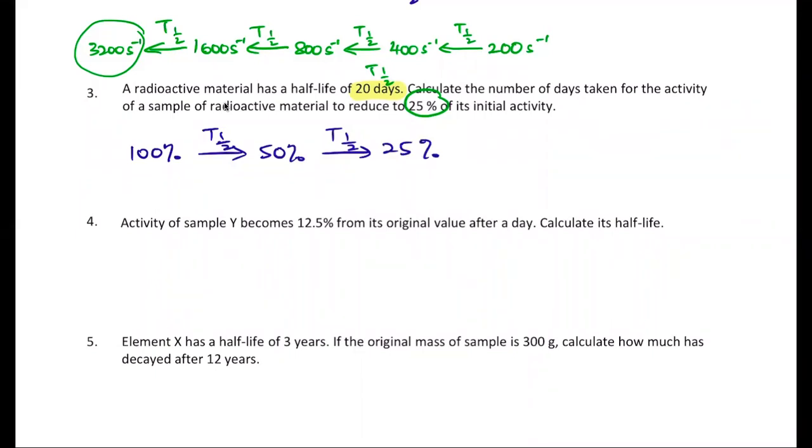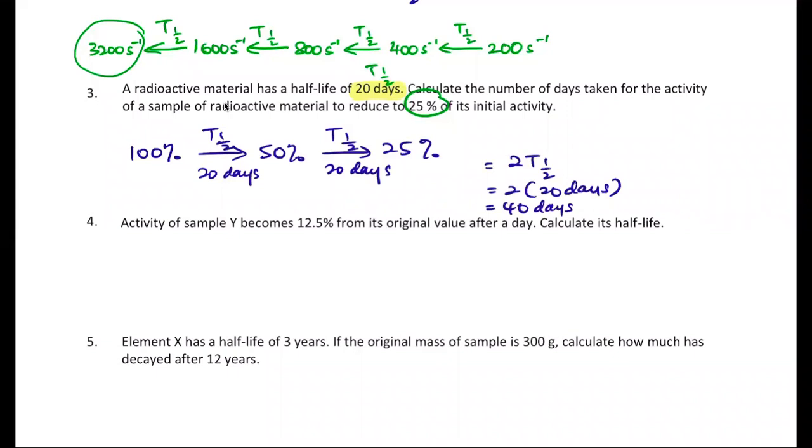So means that there are 2 times half-life. So this one is 20 days, 20 days. Okay, so the answer is 2 times half-life, 2 times 20 days equals to 40 days.